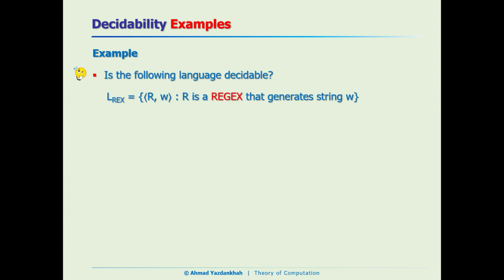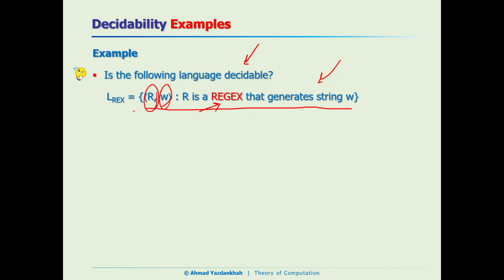The next example is this. We have the same type of language, but instead of the DFA, we have a regex here. The question is, is it a decidable language, or can we create a decider for this, a Turing machine that simulates this regex against this string?